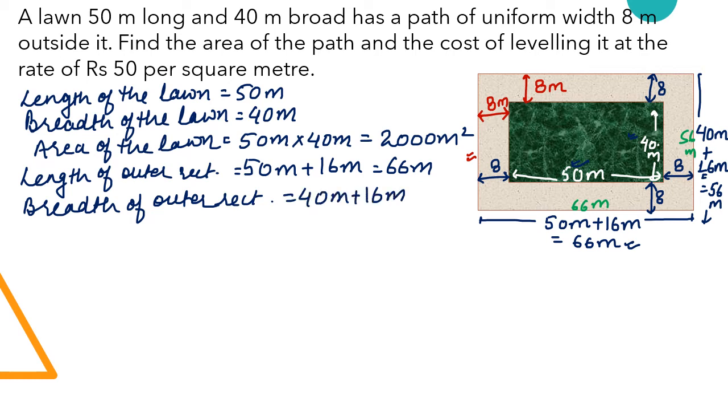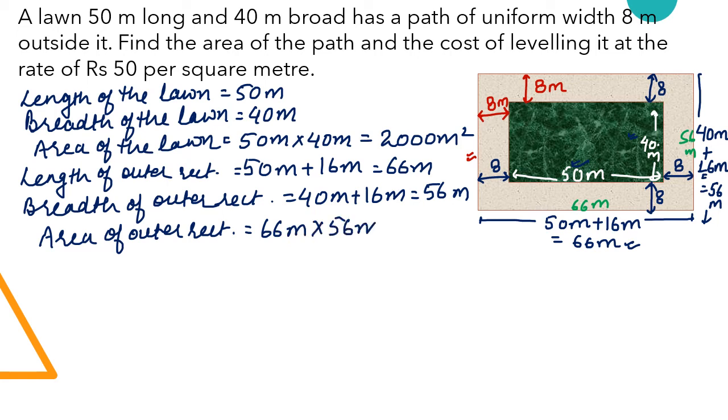Now we find the area of outer rectangle. It will be 66 meter multiplied by 56 meter. So when you multiply 66 by 56, you will get 3696 meter square. So this is the area of outer rectangle.